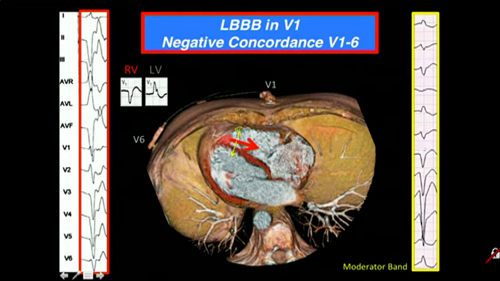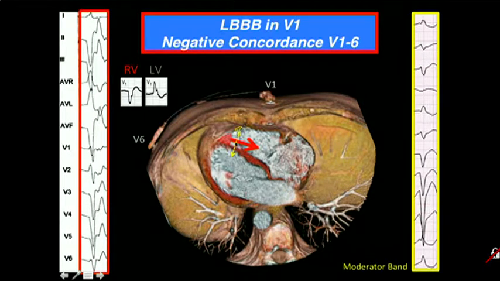And now to make the differential diagnosis with the moderator band, what's important is that in the moderator band, usually, whilst these are left branch blocks in the morphology, there is a late transition. Practically always the transition goes to V5, V6, as you can see on the right.